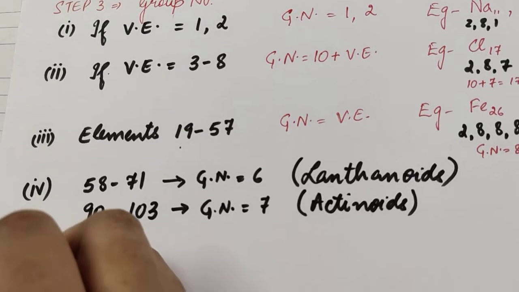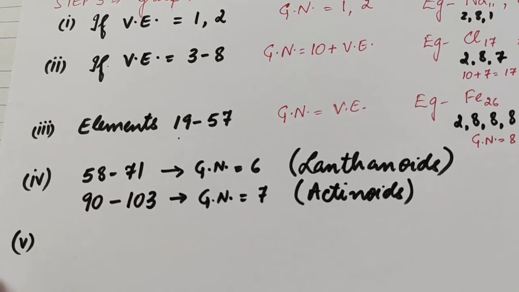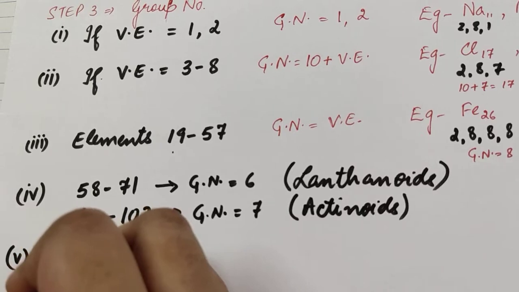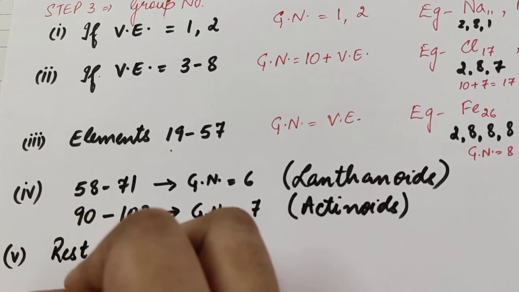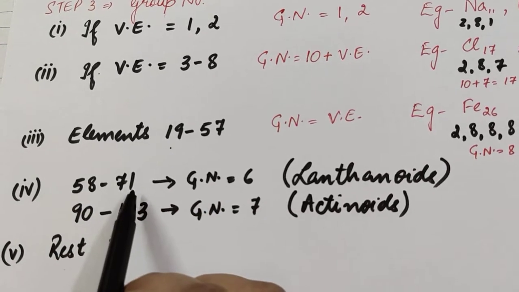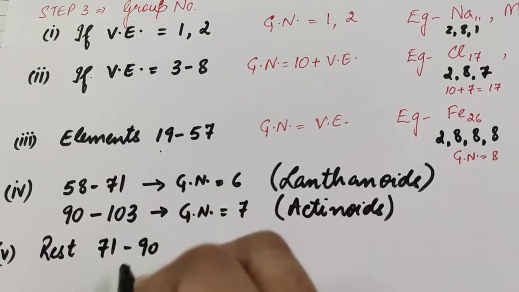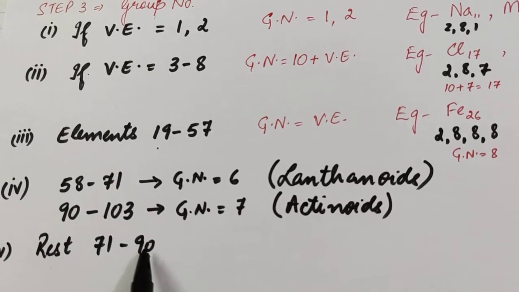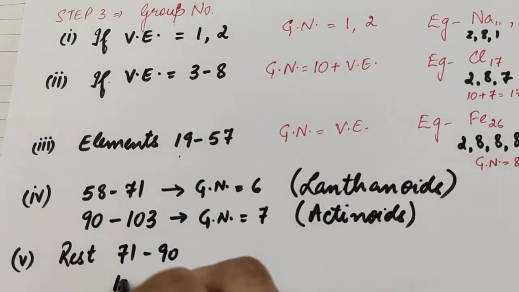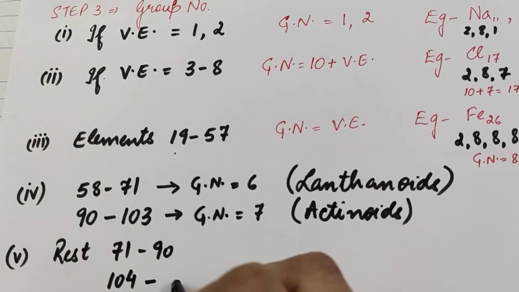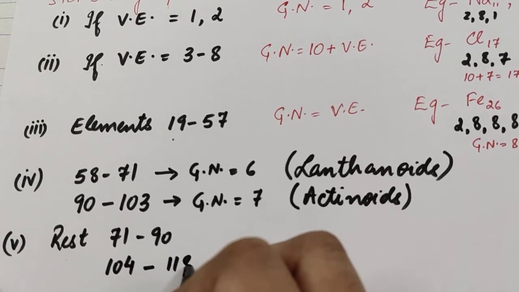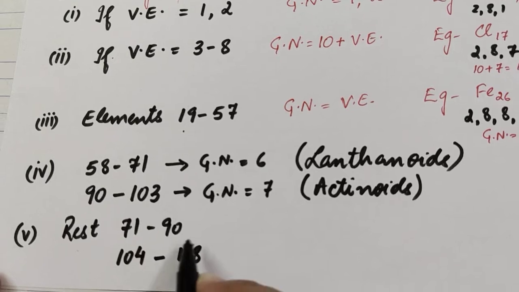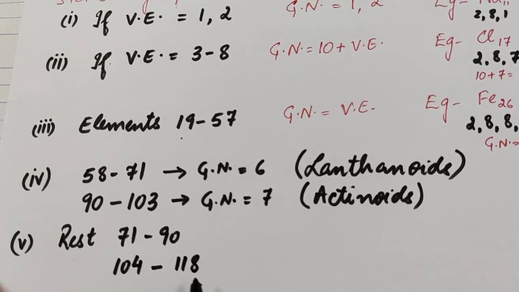Last is the rest of the elements. What are the rest of the elements? That is from 71 to 90. This gap, 71 to 90, and 104 till 118, since only 118 elements have been discovered till now.